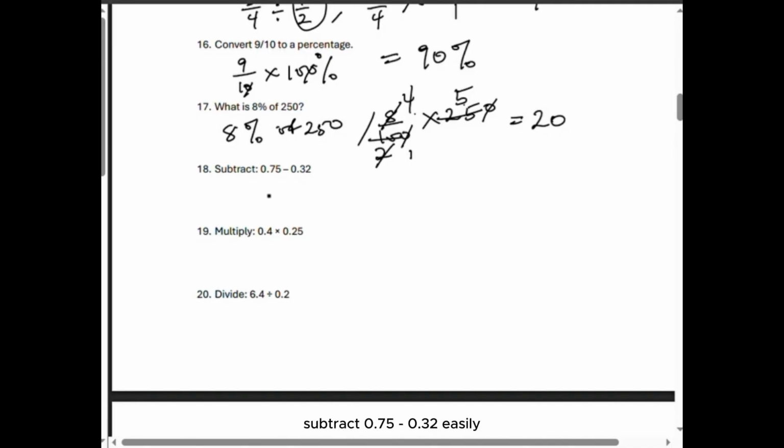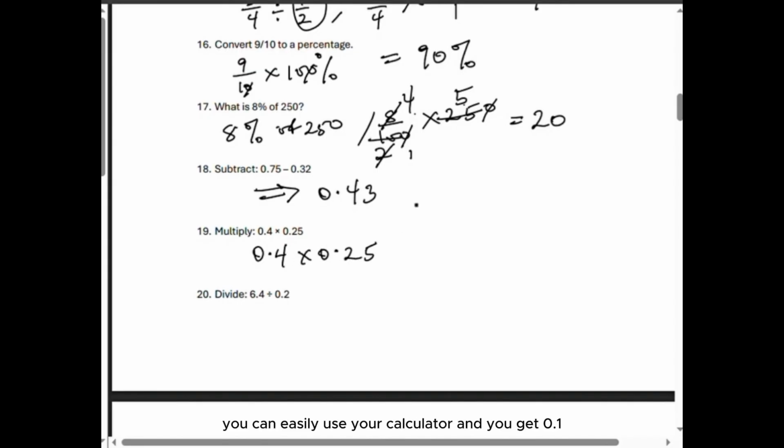Subtract 0.75 minus 0.32. Easily you can use your calculator and you get 0.43. The number 19 says multiply 0.4 times 0.25. You can easily use your calculator and you get 0.1.